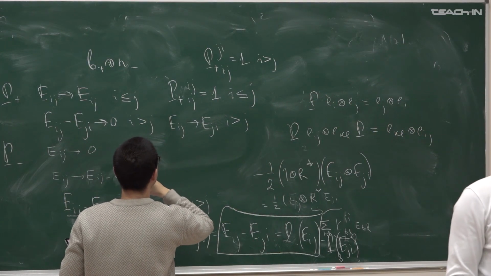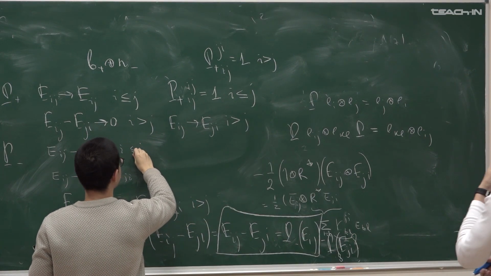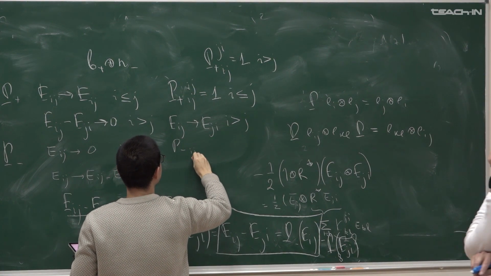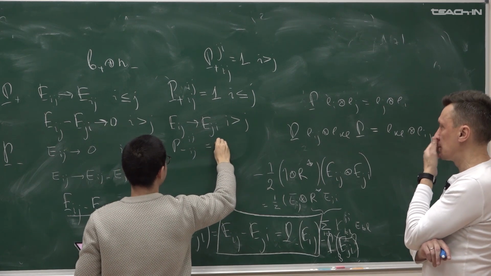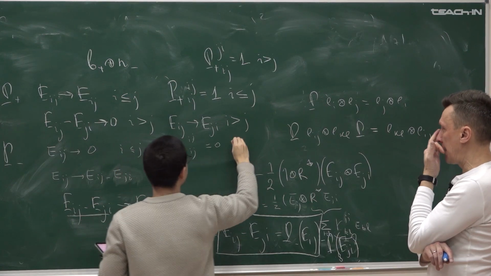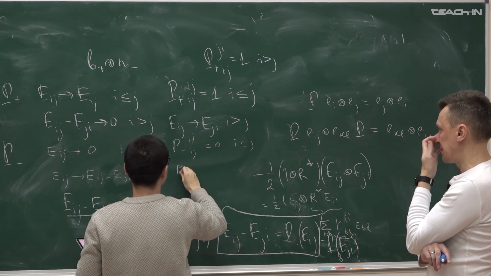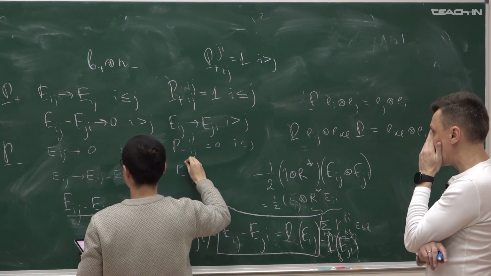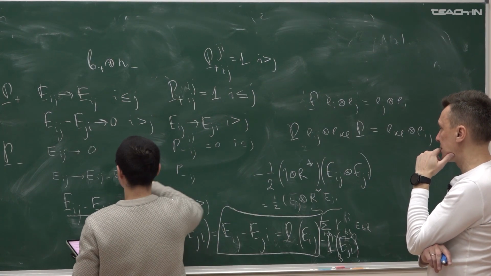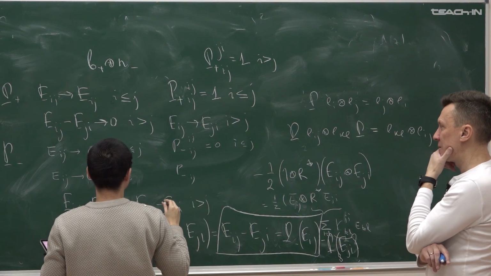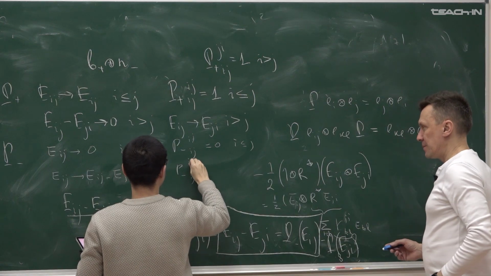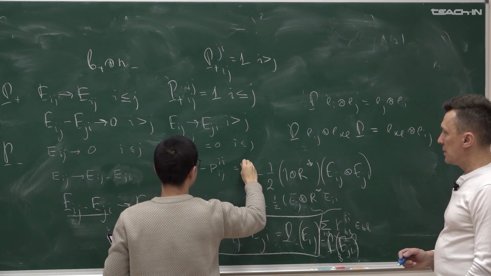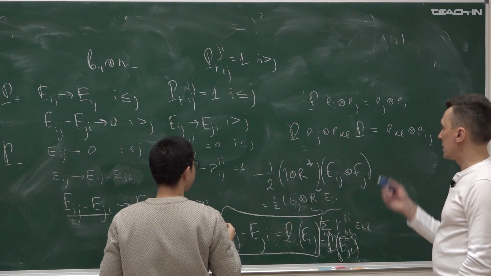What are the matrix elements? So for i smaller than j, P minus Eij equals 0.